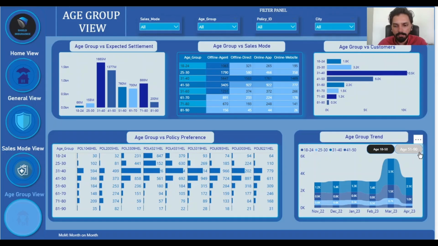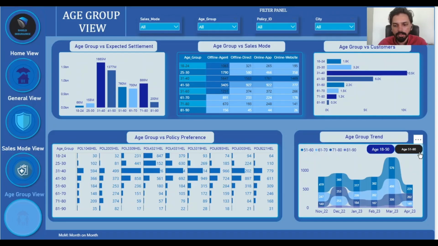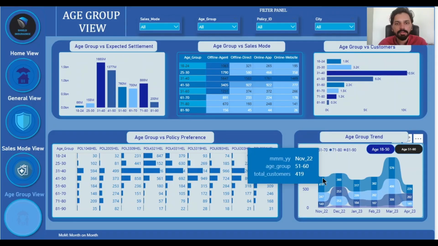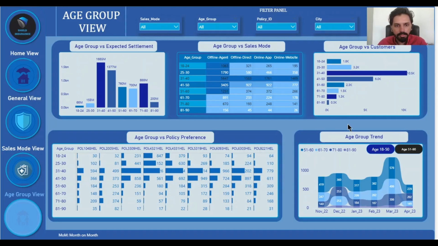And in contrast to this, we can see the age group 51 to 90 is almost lower. And in that also, we can see the customers from 51 to 60 are increasing month on month. So this was all about the age group view.